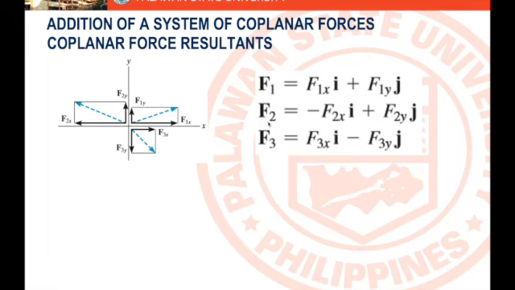For F2, we can write it as negative F2x, since you can see here it's going to the negative x-axis. That's why it's negative F2x, still the unit vector i, plus F2y, the unit vector j. F2y is going up, so that's why it's a plus.